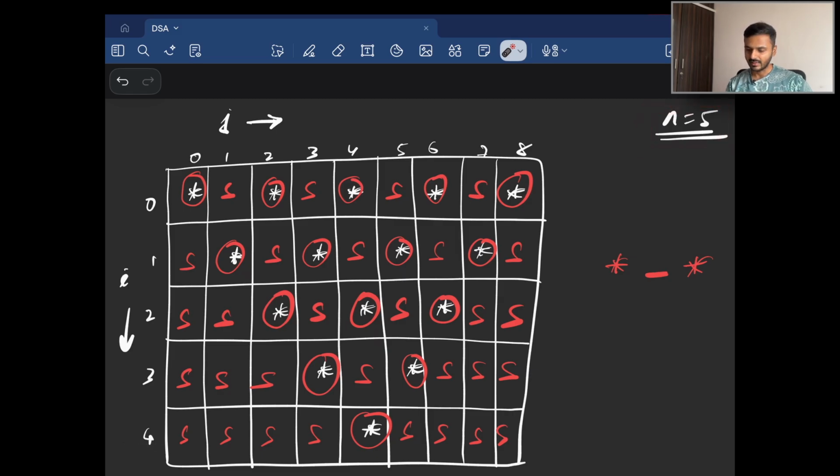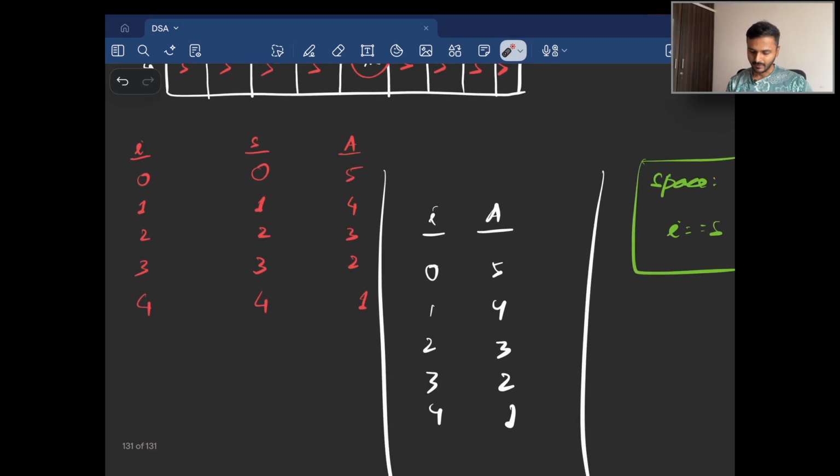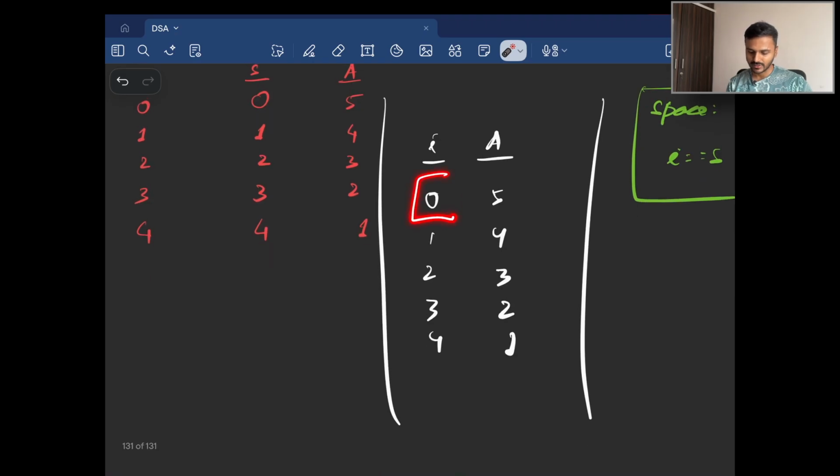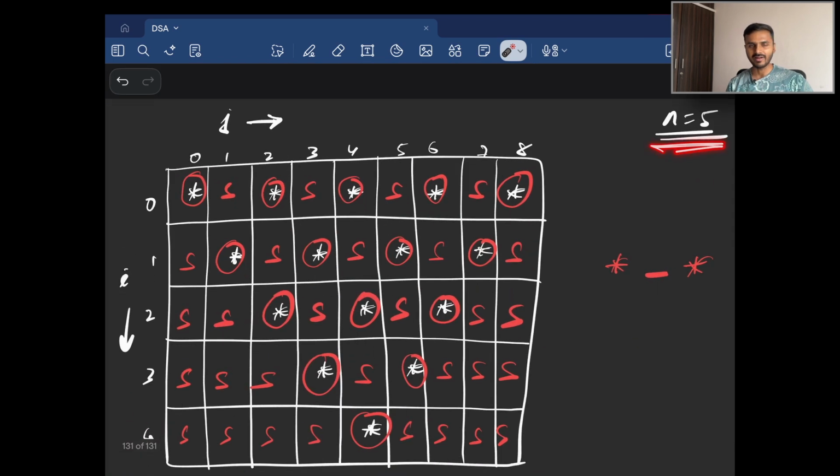What I mean is, if n was 6 instead, in the first row you would have printed 6 asterisks. And when you add I and the number of asterisks you're printing, you're going to get 6, which is equal to the value of n.